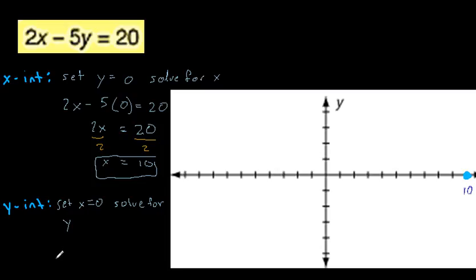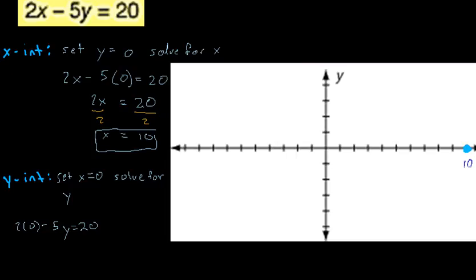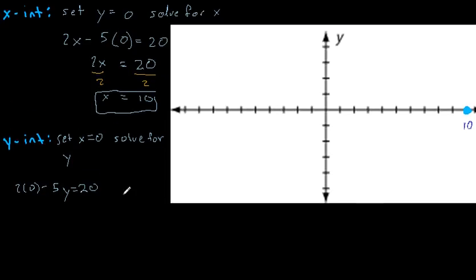So what I'd have here is 2 times 0 minus 5y equals 20. Scroll down a little bit here.